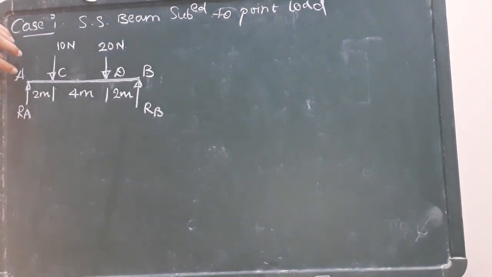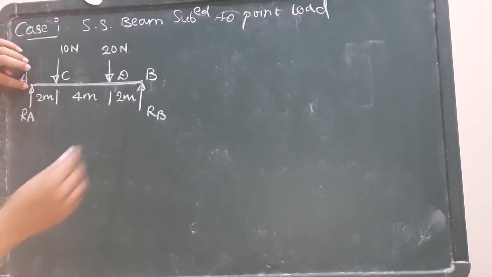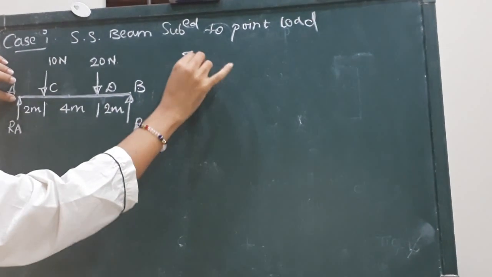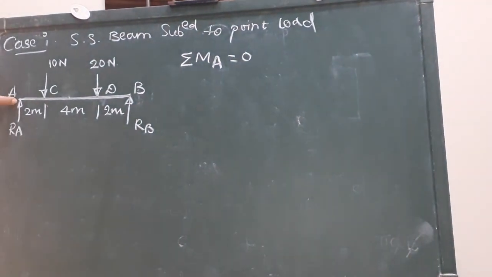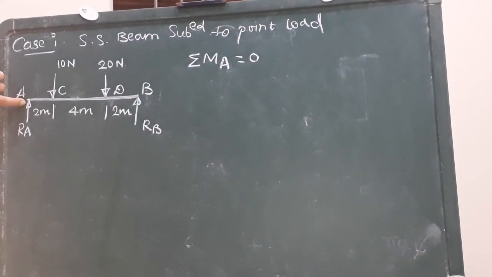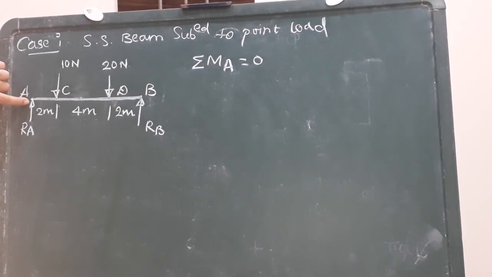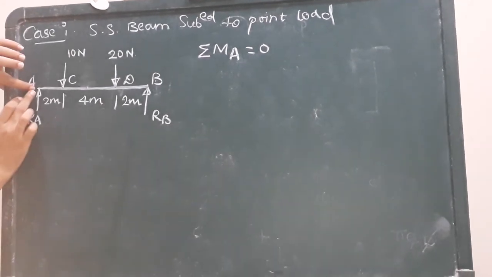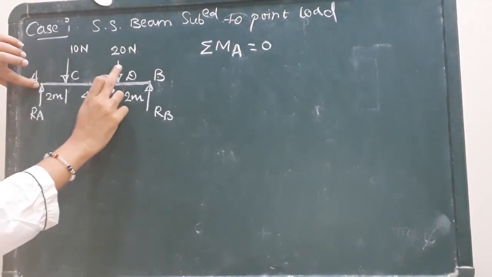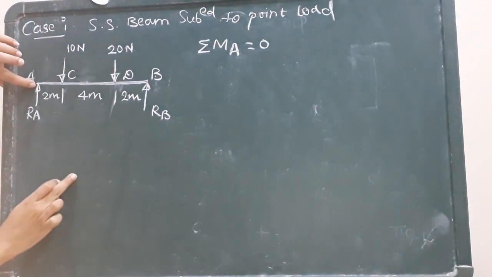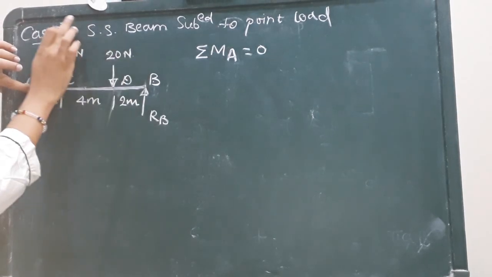So you have to take the moment about the unknown. So take a moment about A is equal to 0. Now all the clockwise moments are equal to all the anti-clockwise moments. From this point, this force is going clockwise, this force is also going clockwise and this force is going anti-clockwise.